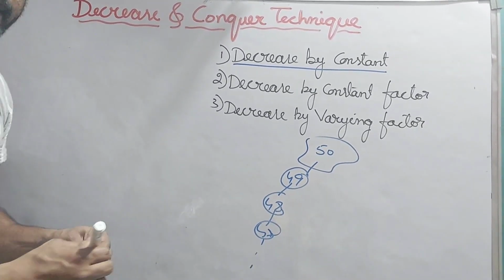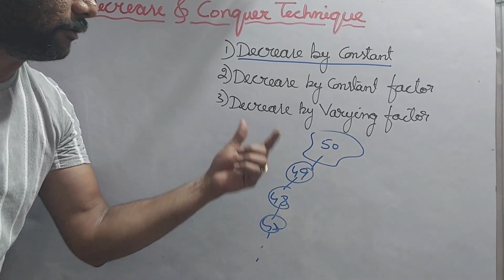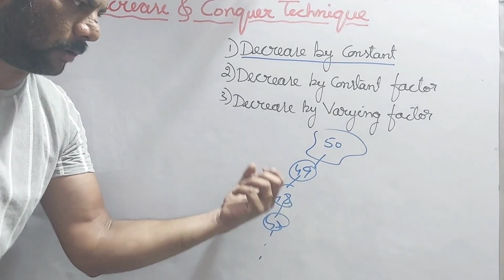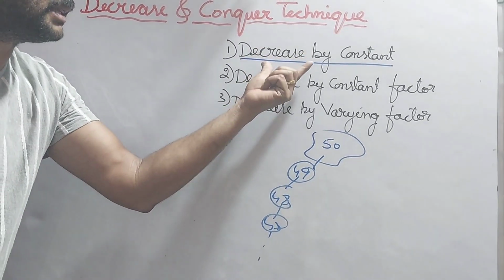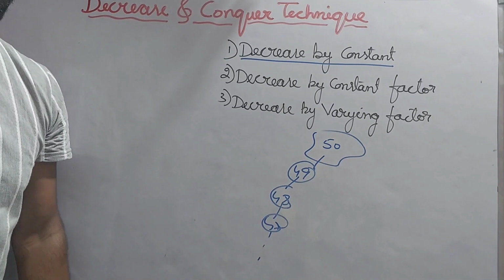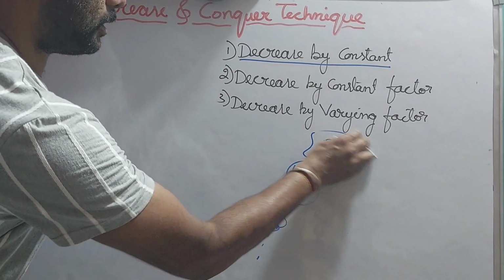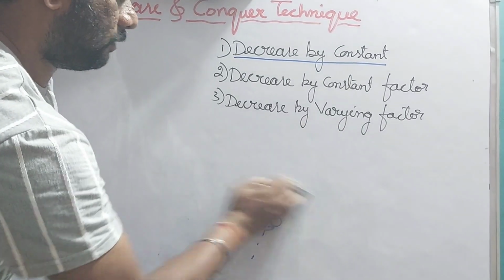Every time I reduce the problem size by 1. Since every time we reduce the problem size by 1, this method, decrease by constant, is also called decrease by 1.